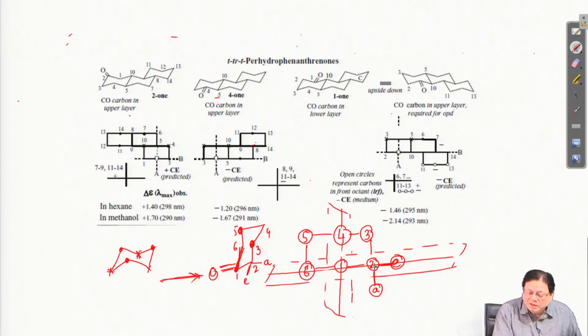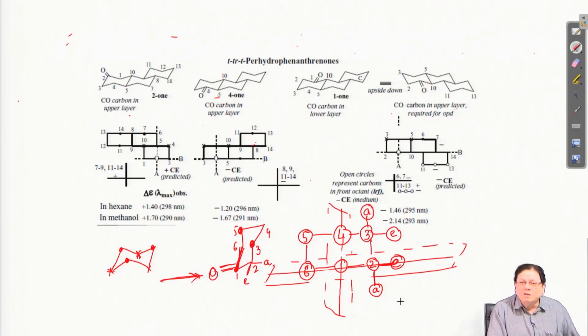So, the 2 equatorial will be on the right side, the 3 equatorial will also be on the right side, and the 3 axial will be on the upper side. Remember, once you have completed 3 lines, the 4th group is automatically fixed. When the equatorial is on the right, the axial has only one position here, that is the top.